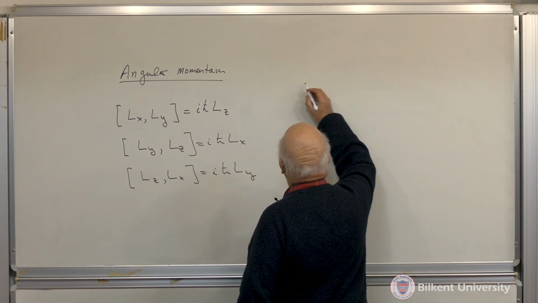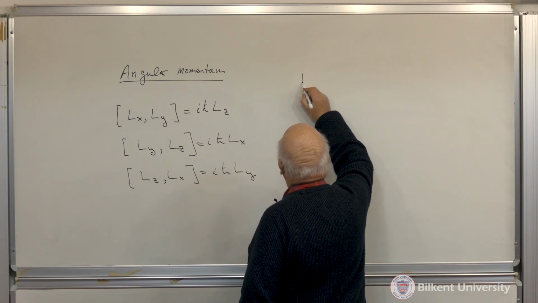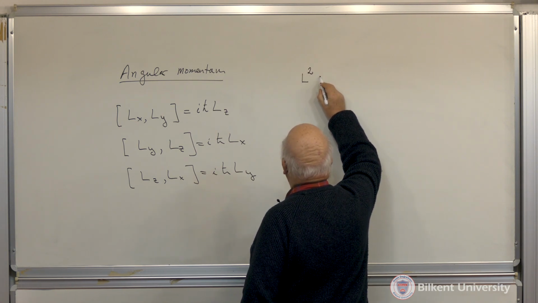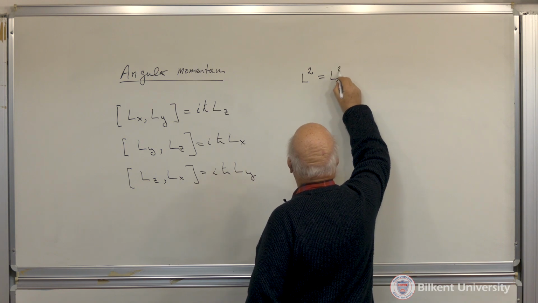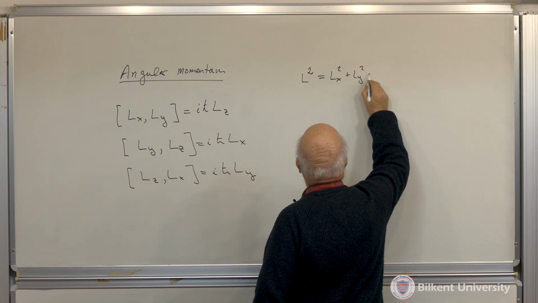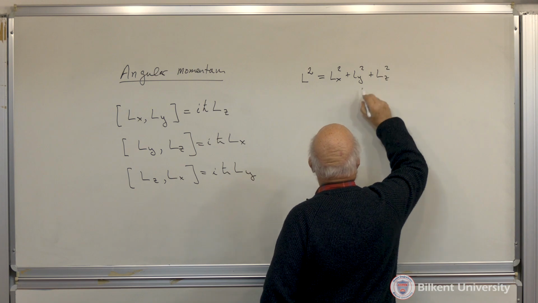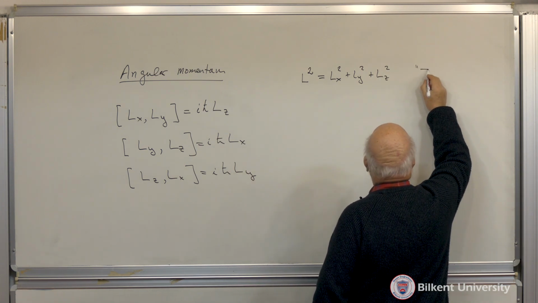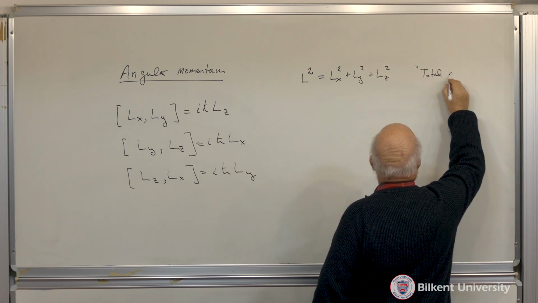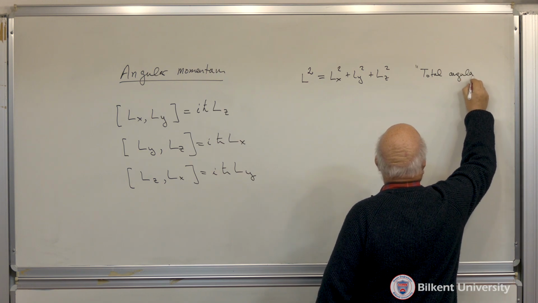The angular momentum squared is going to be Lx squared plus Ly squared plus Lz squared. This is called the total angular momentum.